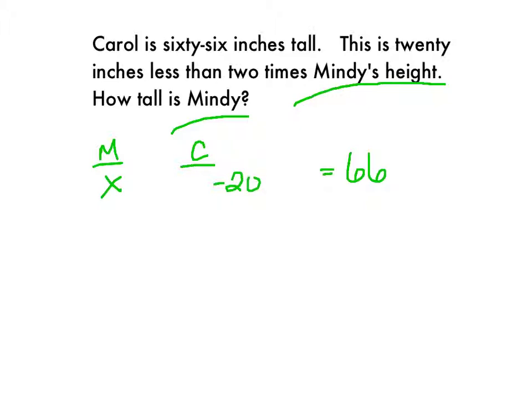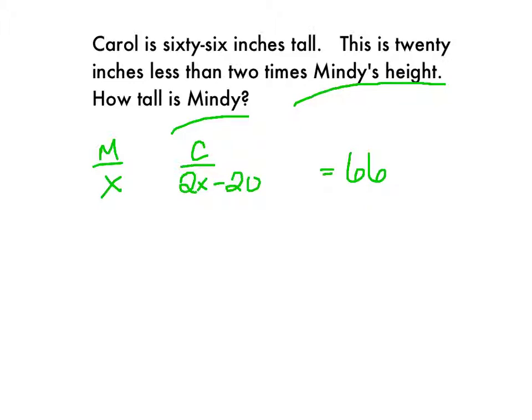And then it says 2 times Mindy's height. Well, if Mindy's height is x, 2 times that is going to be 2x. And it tells us that Carol is equal to 66 inches tall. So this is going to tell us that 2x minus 20 is actually equal to 66.